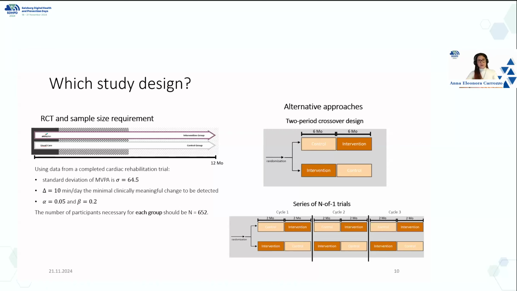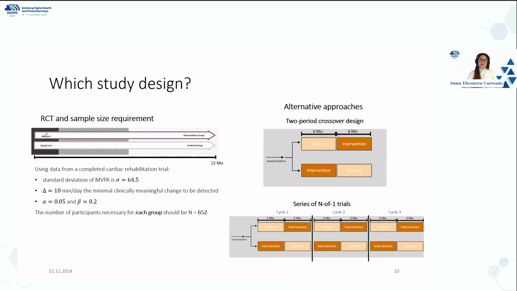So let us consider also some alternatives and possibilities. For example, fixing the period of 12 months, we can also consider the two-period crossover design, where subjects are randomized to receive a sequence of treatments, so the standard care and then the Active Plan, or vice versa, following two 6-month periods accordingly.